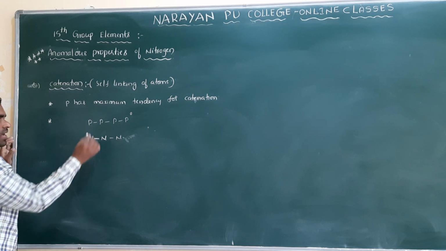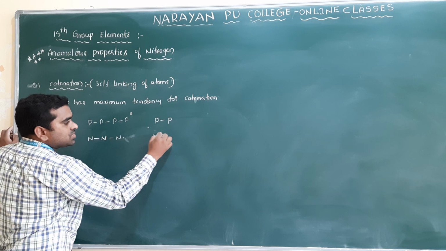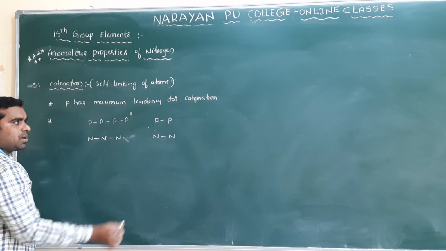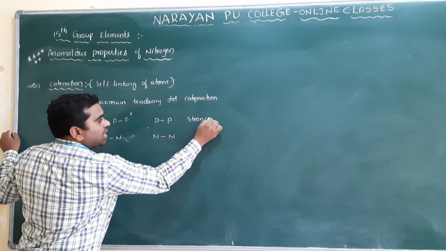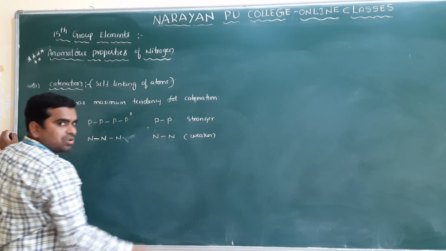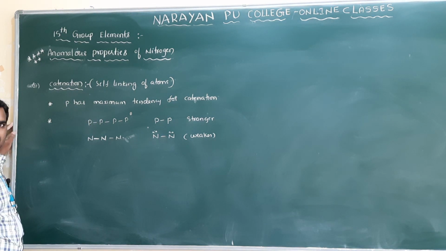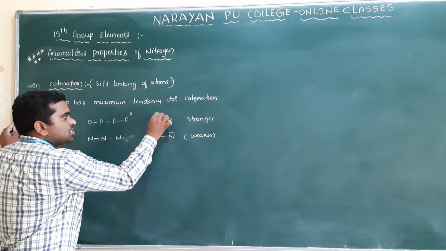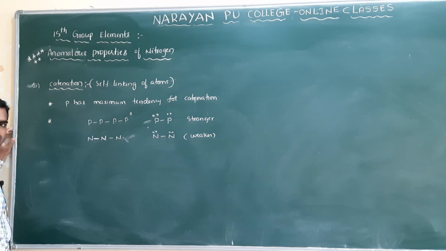But if you compare the P-P bond and the N-N bond, the P-P bond is stronger and the N-N bond is weaker. Why is it weaker? Nitrogen has a lone pair of electrons, and phosphorus also has a lone pair of electrons, because with 3 bonds there is a lone pair.